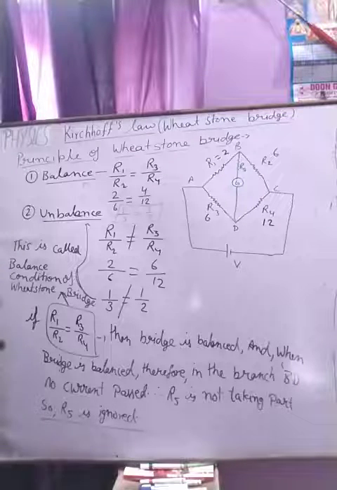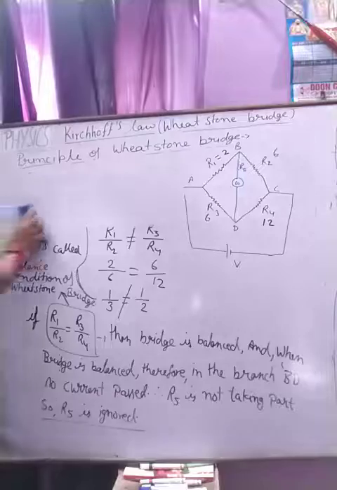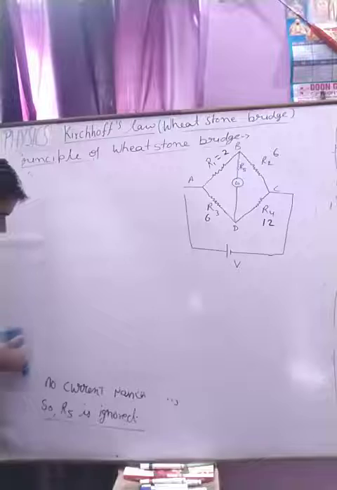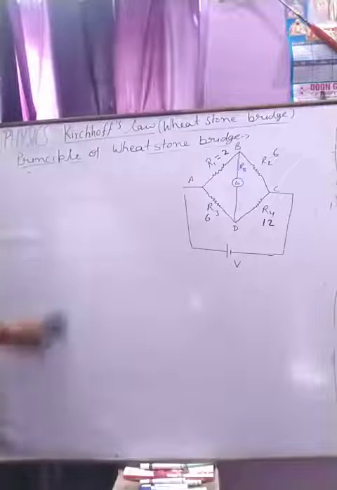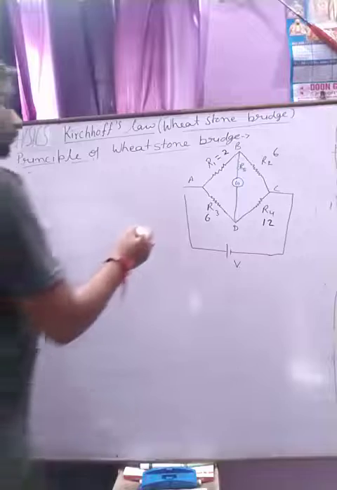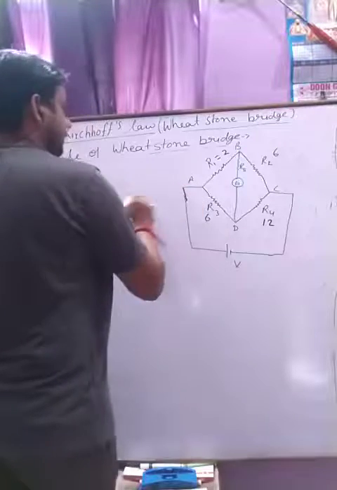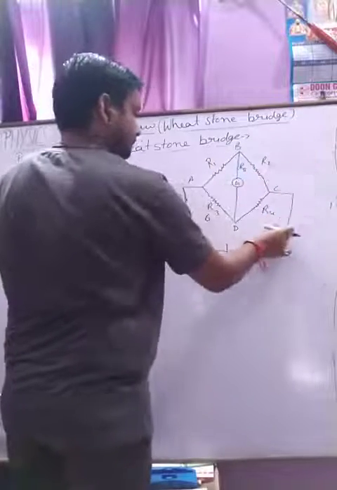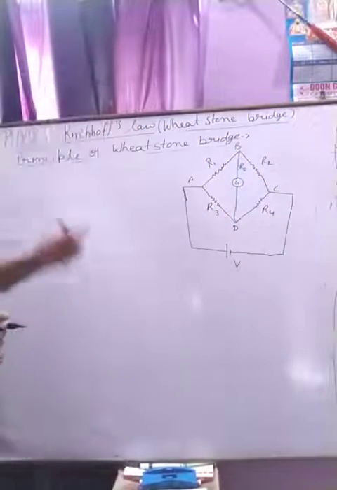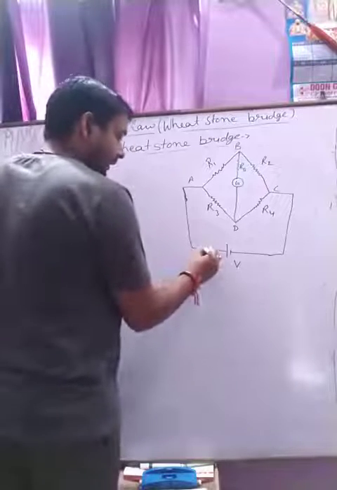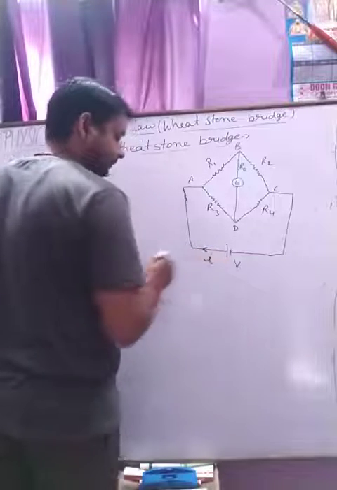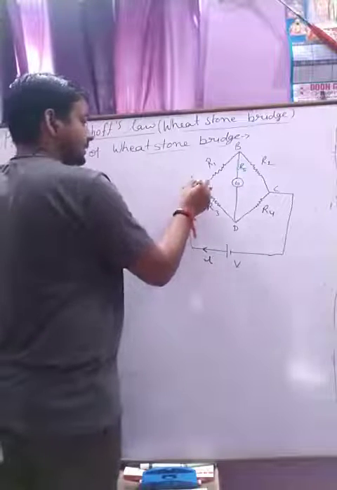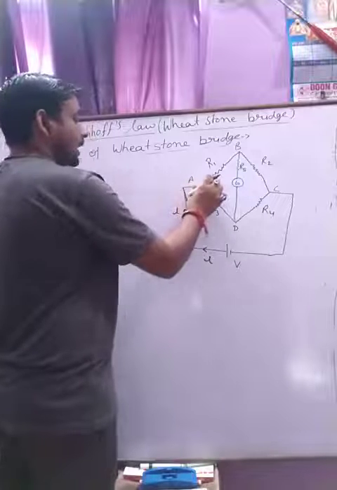Okay, now we are going to prove the Wheatstone bridge. Okay, now for proving it, suppose that from this battery current I is flowing, and when it reaches point A, the value of current is distributed in two parts.